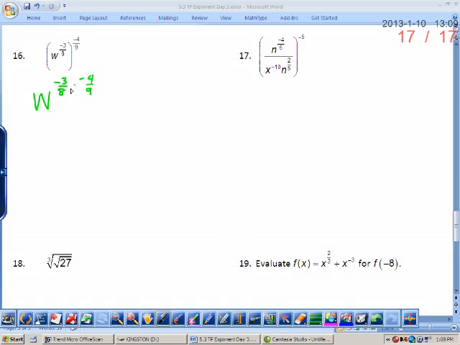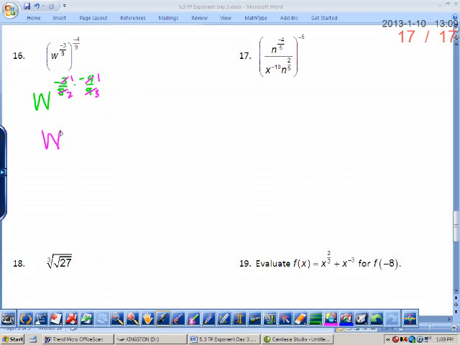what are we allowed to do? We can reduce, right? So 3 goes into 3 one time, 3 goes into 9 3 times. 4 goes into 4 once, 4 goes into 8 twice. Okay.